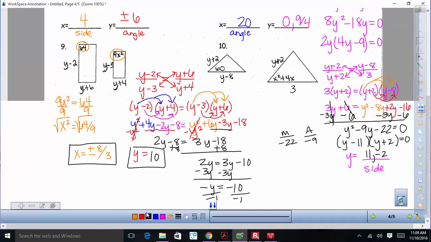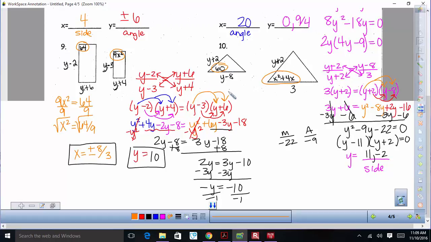All right, now let's find x. So for x, Lucero, what two angles are congruent there, or corresponding? X squared plus 4x and 60.